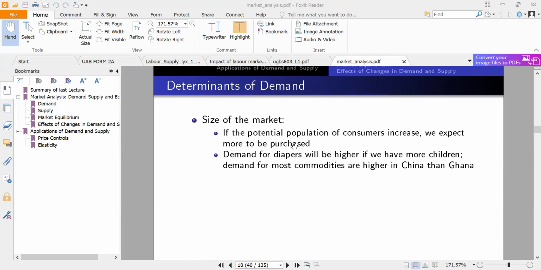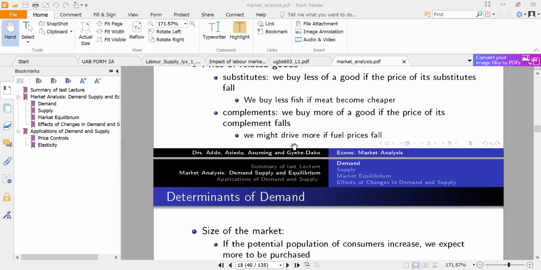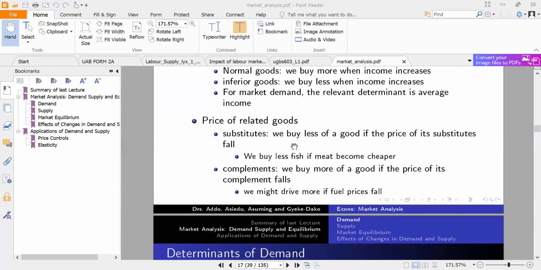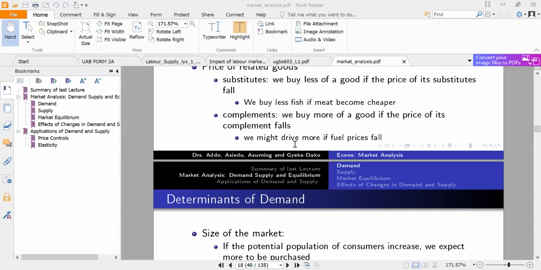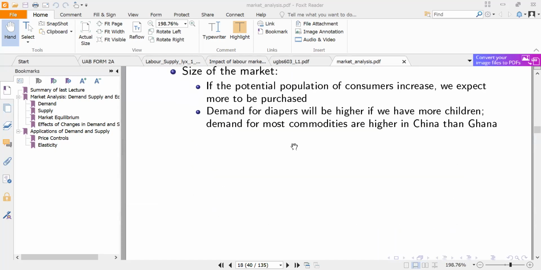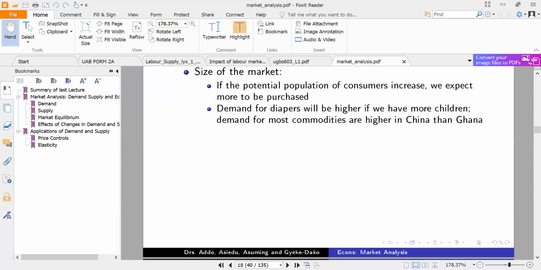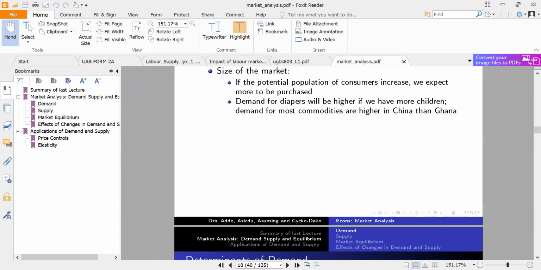Determinants of demand. The other determinant, apart from what we have just talked about, price of related goods and consumers' income, is the size of the market. If the potential population of consumers increases, demand will rise.